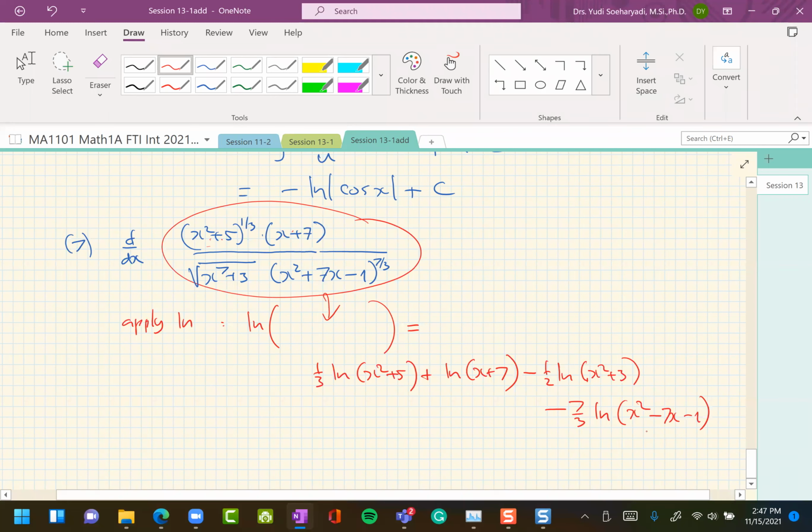Okay. So now you don't have a product or quotient here.